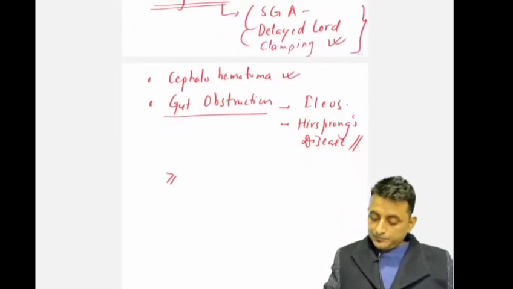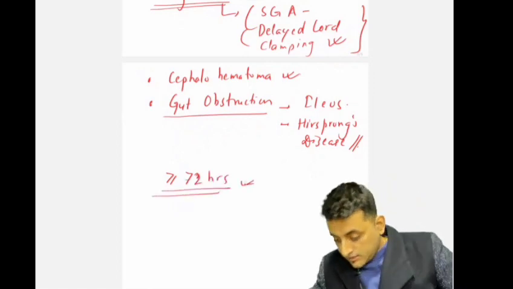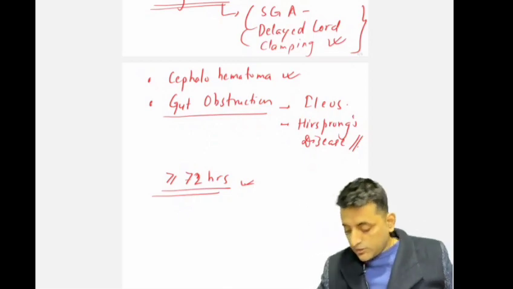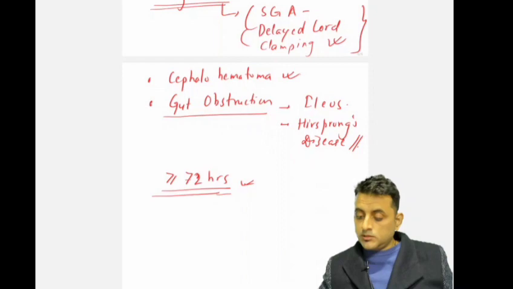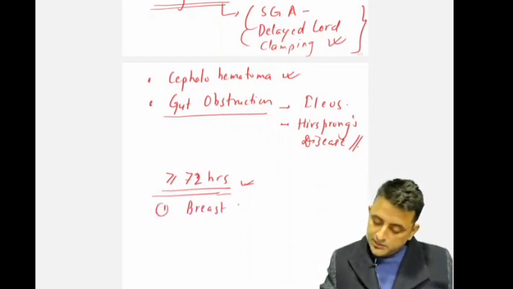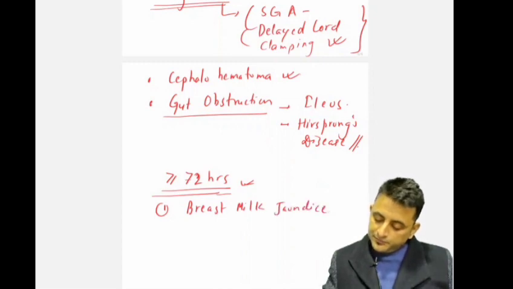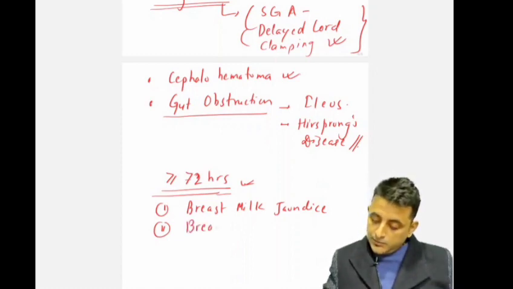Now, if jaundice persists for more than 72 hours, if jaundice appears after 72 hours and prolongs, then what can be the cause? It can be breast milk jaundice, and I'll be talking about this because this sort of question is increasingly being asked in your exams. Another one is breastfeeding jaundice.